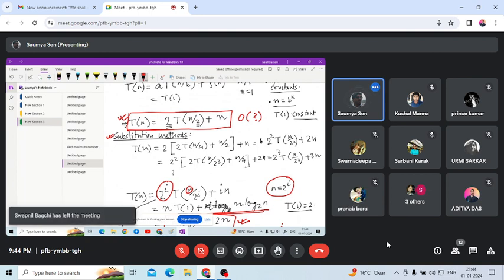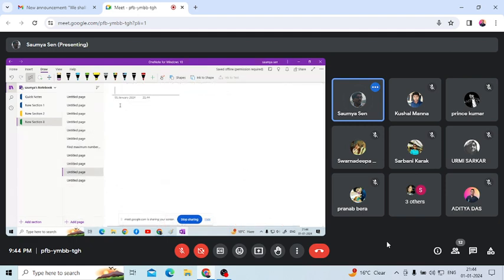Say there is the equation T of n equals 2T.